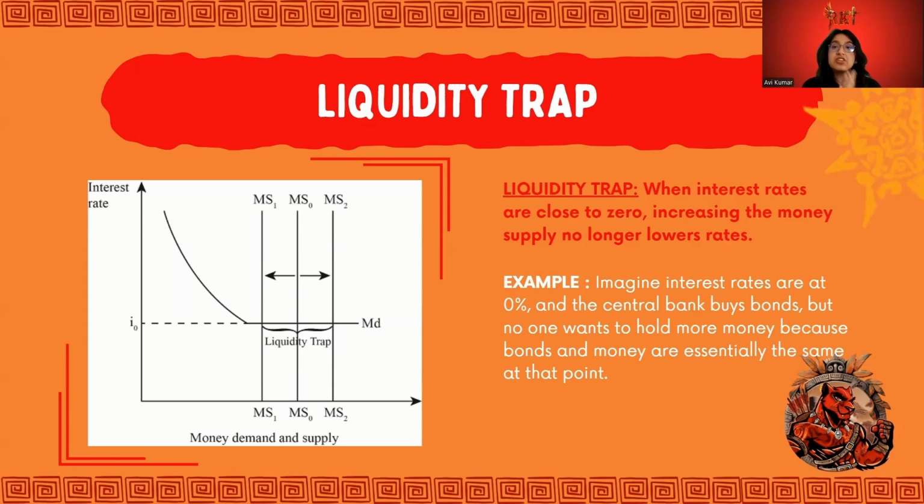But if the interest rate is zero, holding money and holding bonds is the same thing because now you don't earn money on the bonds. If the interest rate is 0%, if you invest in bonds, you don't get any extra money after a given period of time. So at that point, having bonds and having money are essentially the same thing.